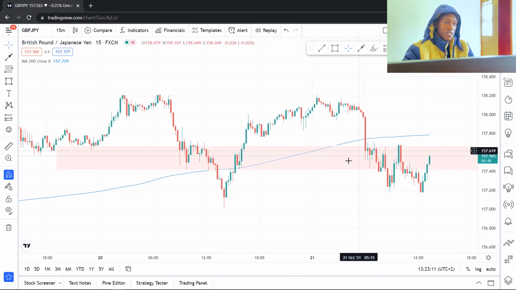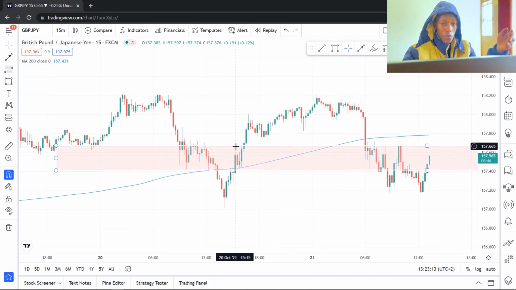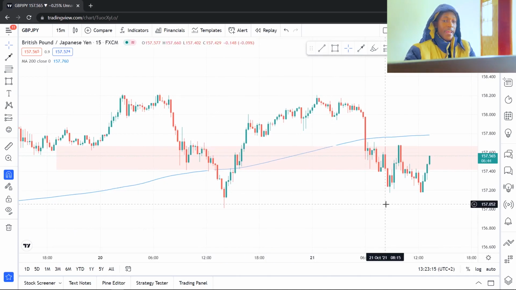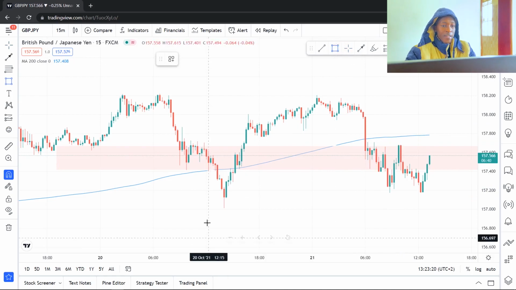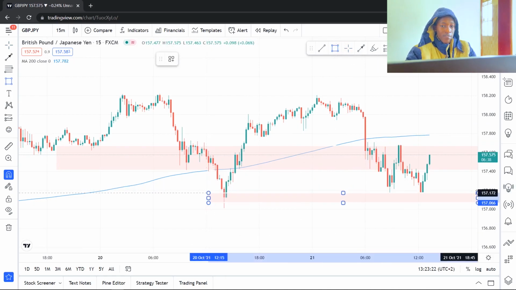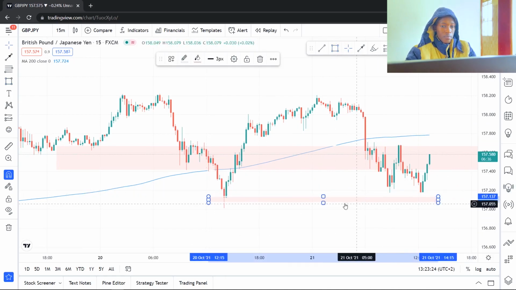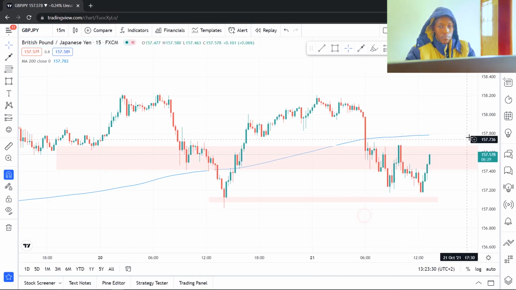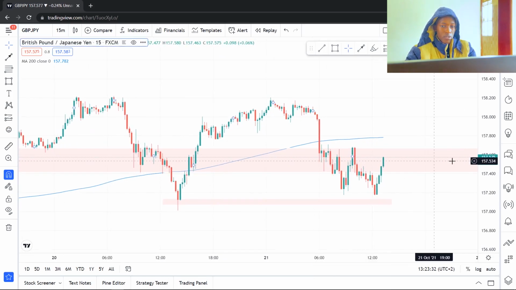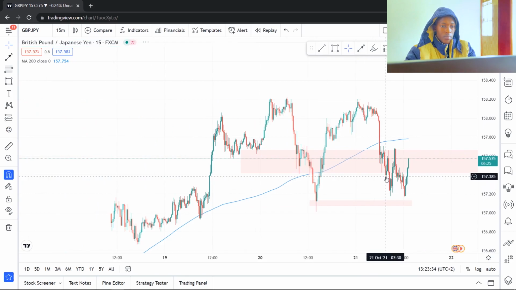Cool. Now this is GBP JPY. So we have noticed that again it's an uptrend. Why? From the bigger time frame. And again, by me looking, I have this level as a support level. Let me first delete this rectangle.